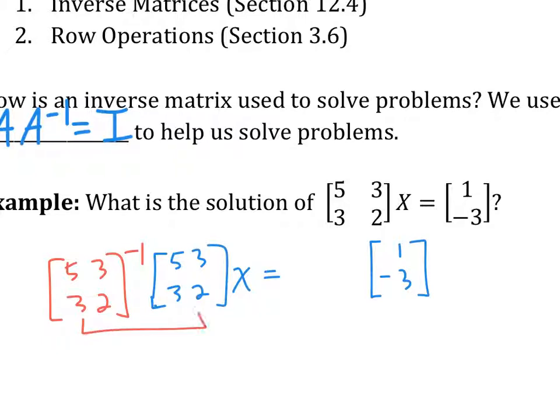That way it will give me the I matrix. And I matrix, remember from the identity you learned a few sections ago, identity matrix times any matrix is that matrix back. Because identity matrix is like 1. So 5 times 1 is 5. So basically, the identity matrix does nothing to the whole problem, which is what we want.